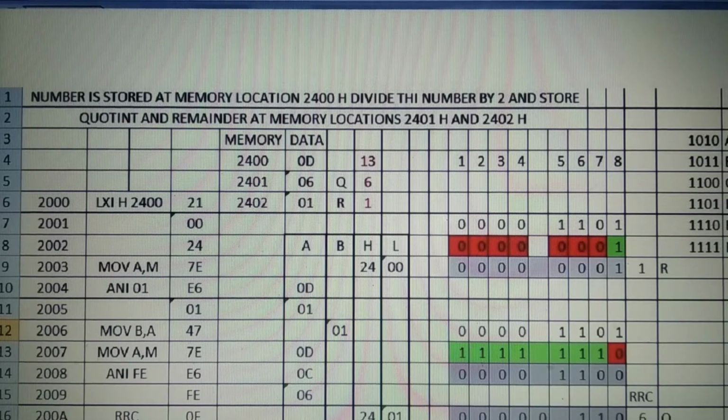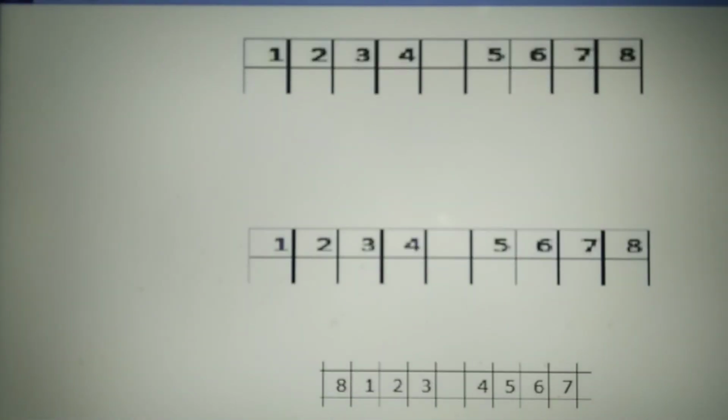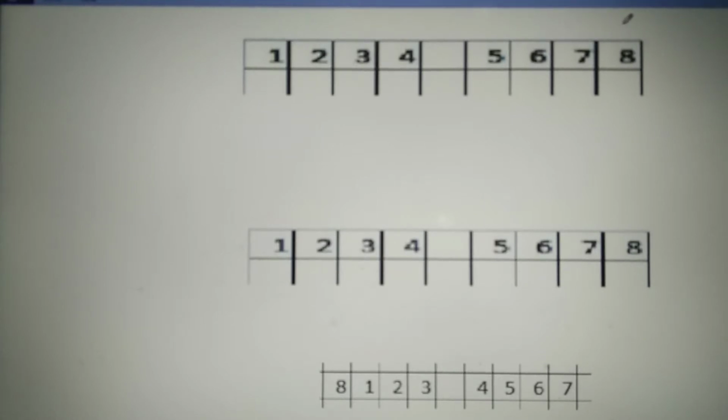To understand the logic, let's move to the scrolled screen here. Suppose 8 bits are there. Instead of bits, we are taking decimal digits 1, 2, 3, 4, 5, 6, 7, 8. If this decimal number is to be divided by 10, what logic is to be applied?